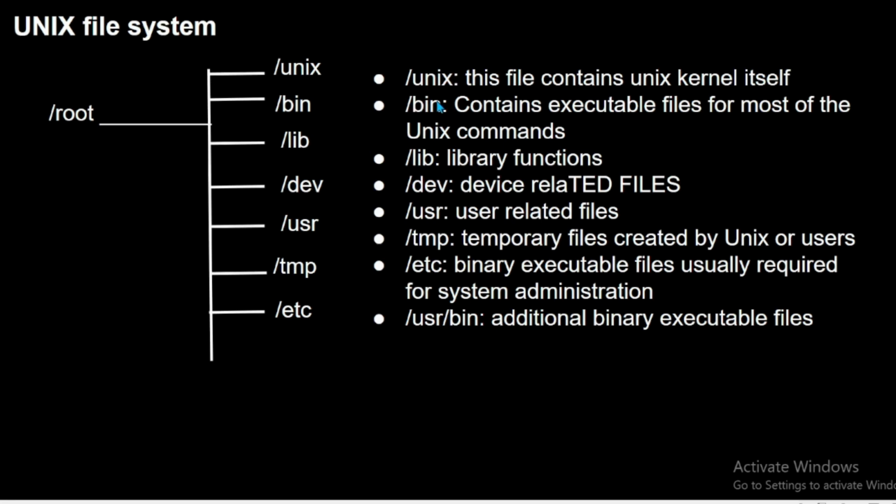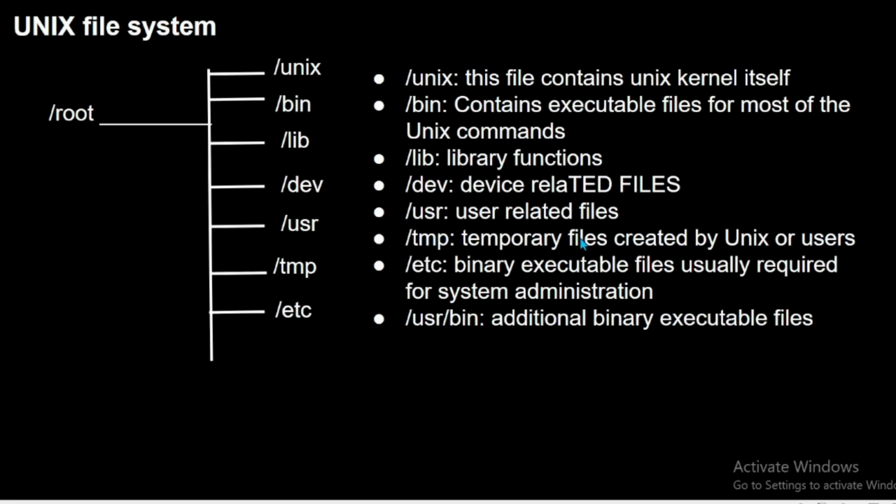The bin subdirectory contains executable files for most of the Unix commands. The lib subdirectory contains the library functions. Dev contains the device related files. The user related files are kept under the usr subdirectory.